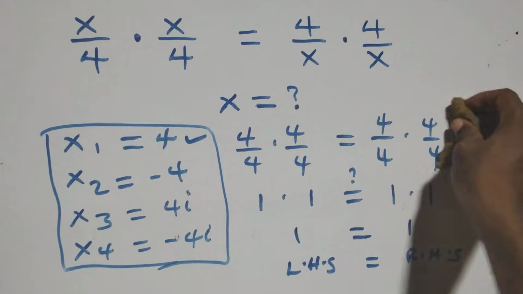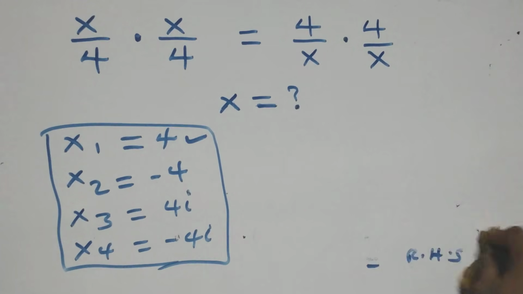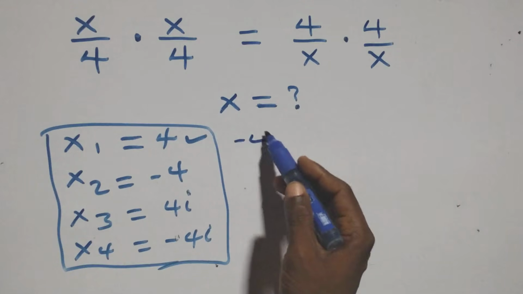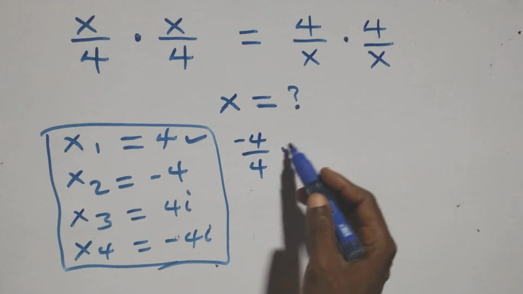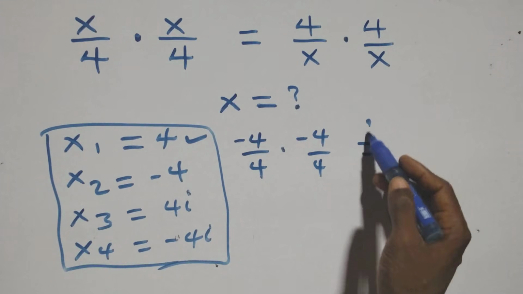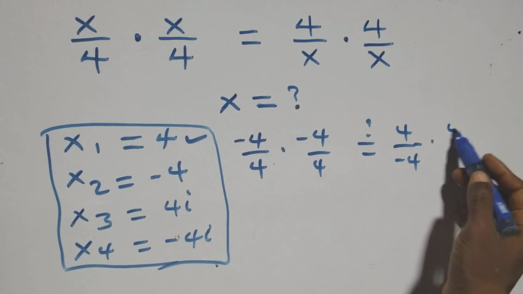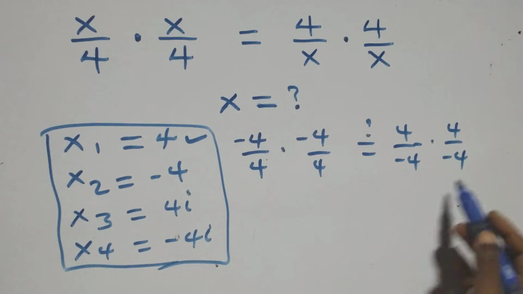Then also substitute x equals to minus 4 here. This equation becomes minus 4 over 4 times minus 4 over 4 is it equals to 4 over minus 4 times 4 over minus 4.